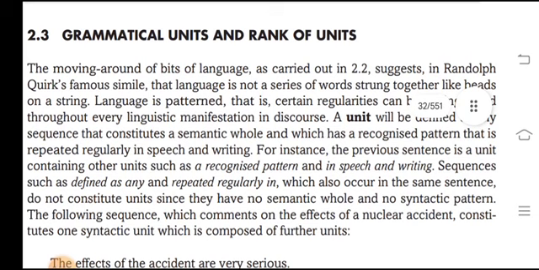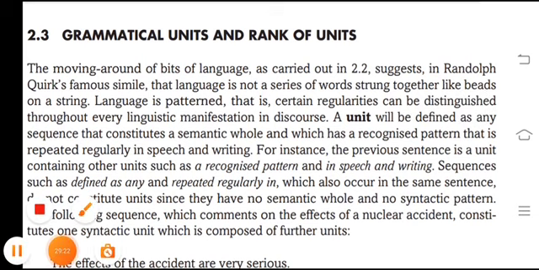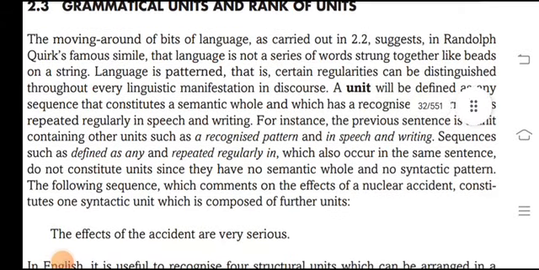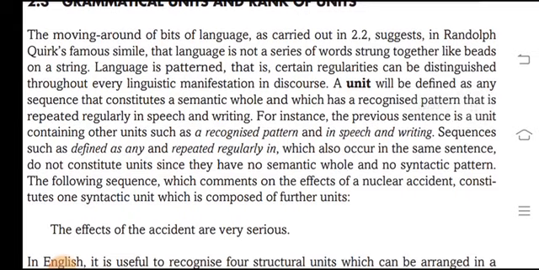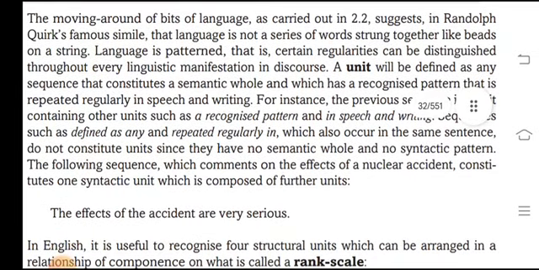2.3 Grammatical units and the rank of units. The moving around of bits of language, either carried out as in 2.2, suggested in Randolph Quirk's famous simile that language is not a series of words strung together like beads on a string.